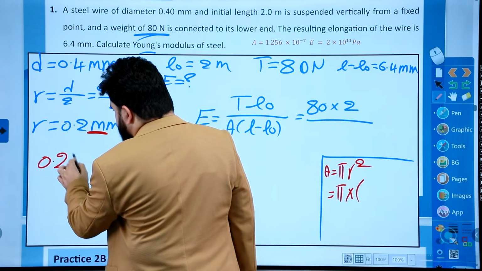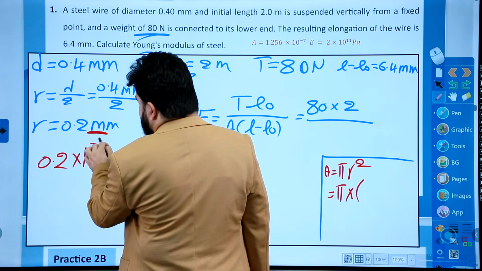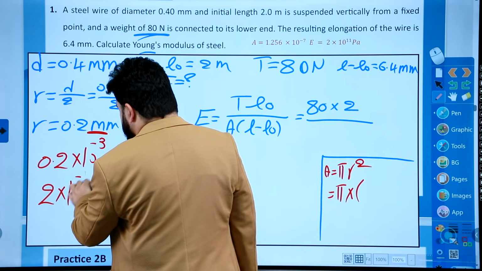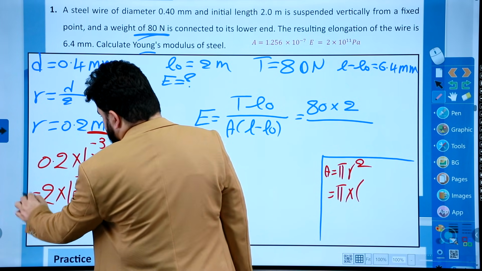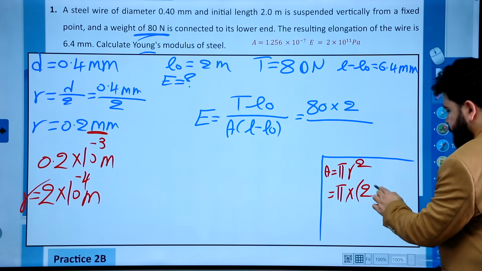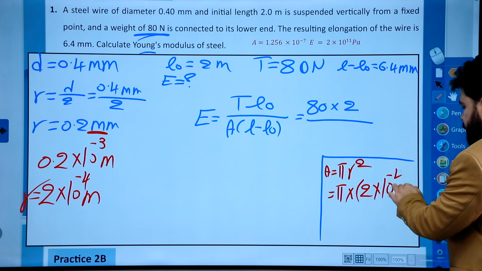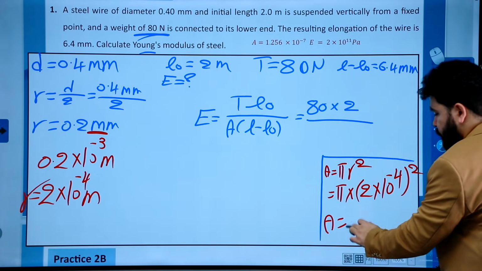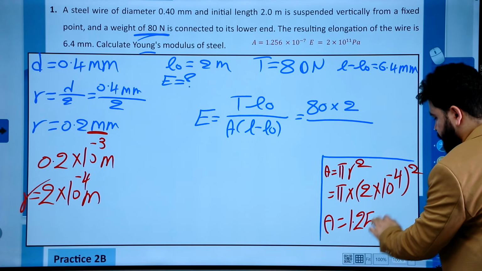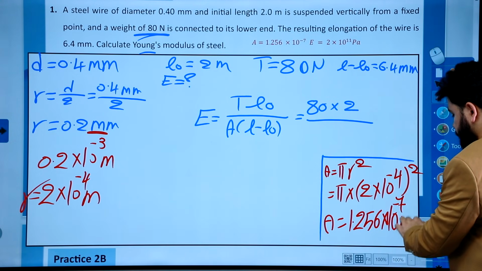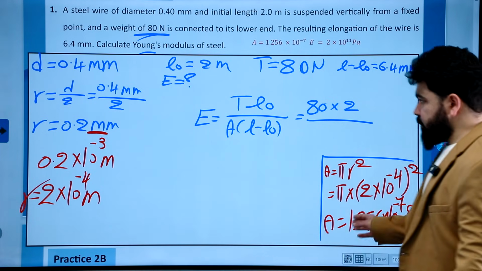So 0.2 times 10 to the power of negative 3 meters, or you can say 2 times 10 to the power of negative 4 meters. So this is the radius, 2 times 10 to the power of negative 4, all of it squared. Area is equal to 1.256 times 10 to the power of negative 7 meter squared.